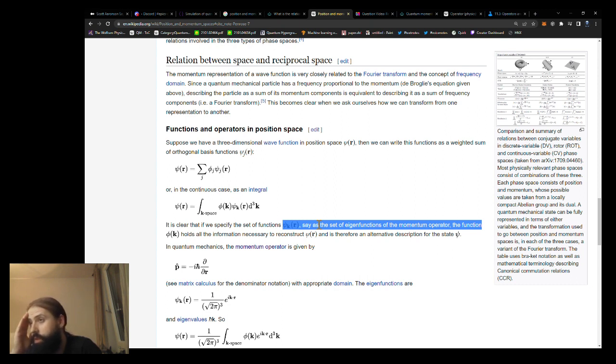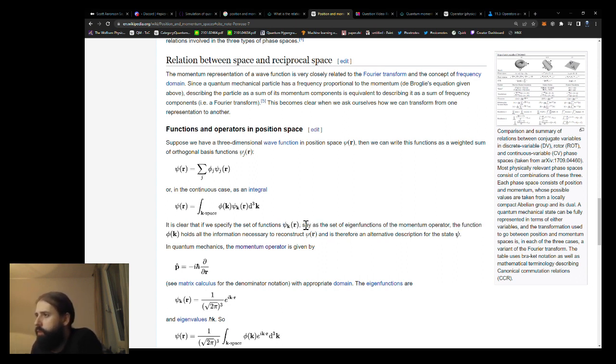So what we're saying is eigenfunctions. Because the thing here is these are eigenfunctions of the position basis, right? Because you have a wave function in position space. But now they're saying, what if we set them to be the eigenfunctions of the momentum operator?